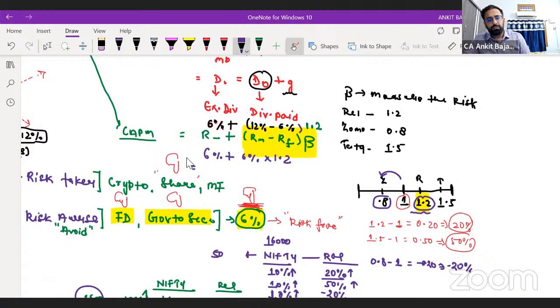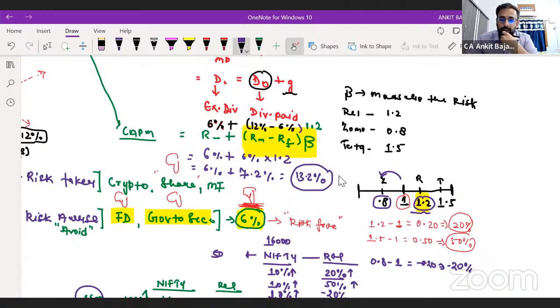So that is going to be 6% plus 7.2%, and here the cost of equity is going to be 13.2%, right? This is going to be the cost of equity here. So this is how you will be calculating the cost of equity.